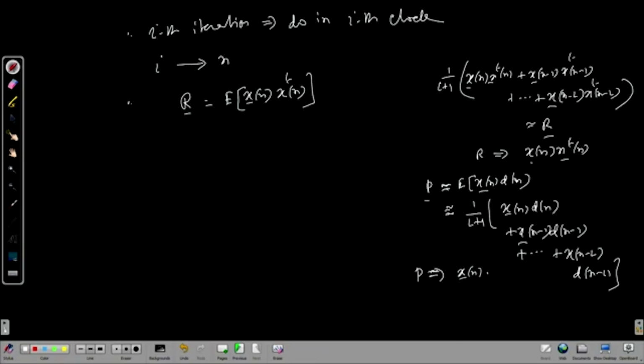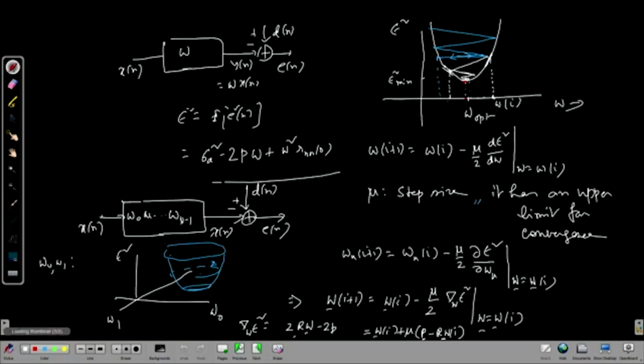In that case, let us see what happens to this one. i goes to n, so it will be W n plus 1. At nth clock, it will be W n plus mu. P I will replace by what estimate I got, R replaced by what estimate I got, and W n. Okay.